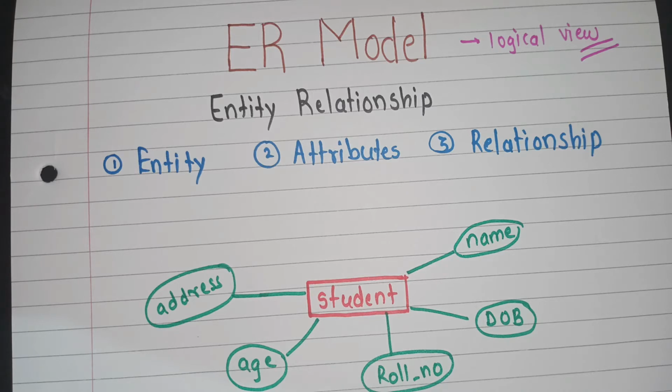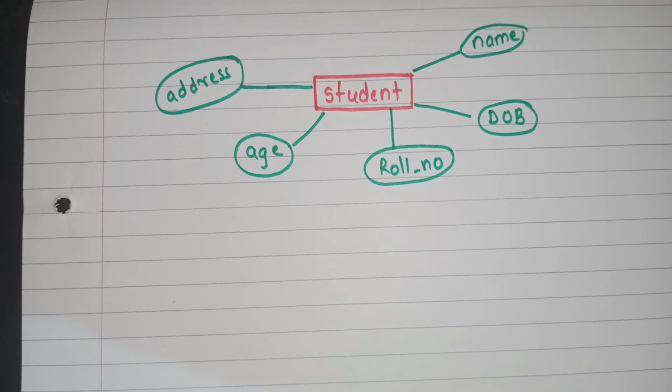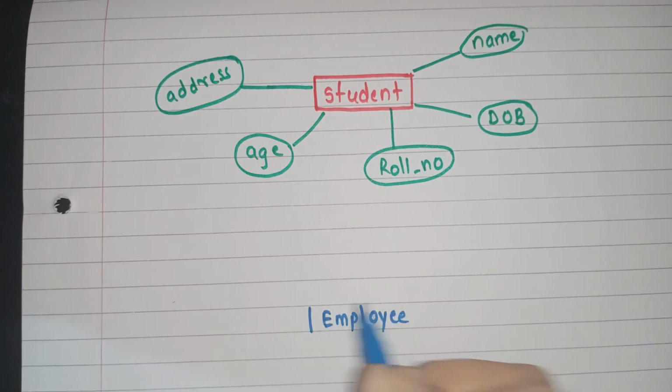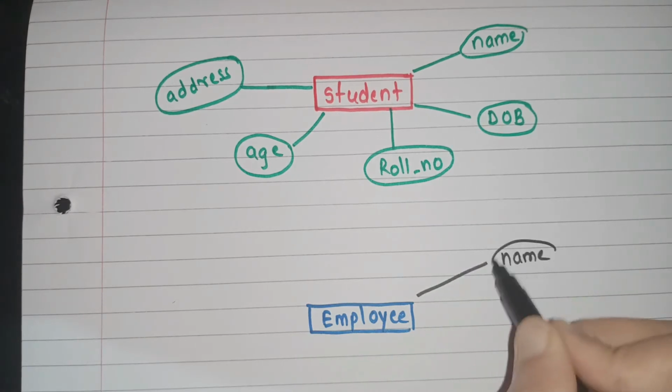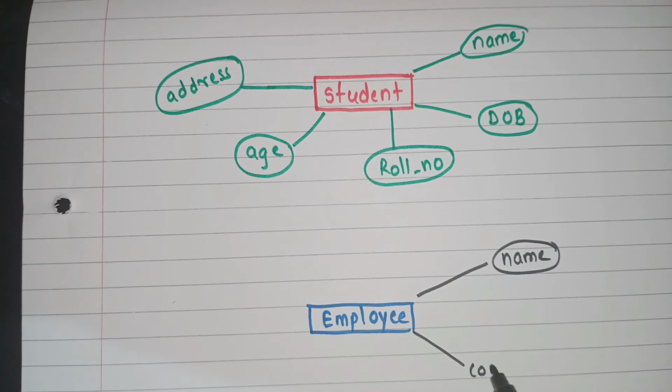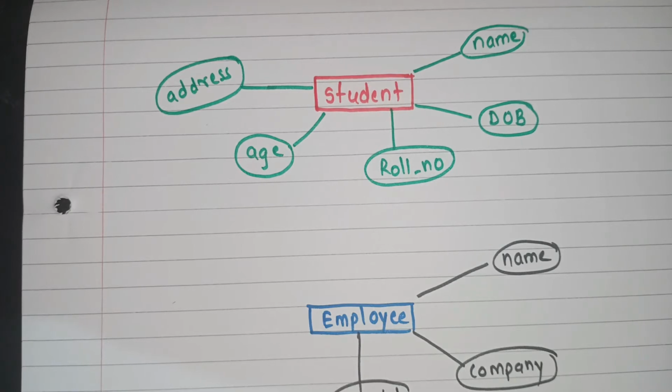Let's take another example. Here we will draw another entity and his attribute. Okay, so let's take another entity, be employee. An employee will have his name, the company in which he is working, his employee ID, his salary.